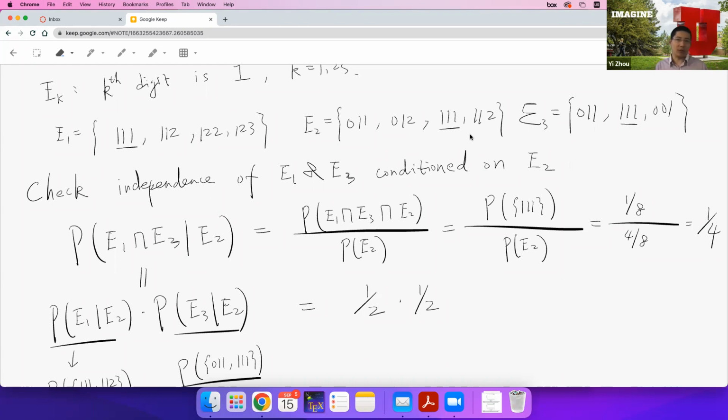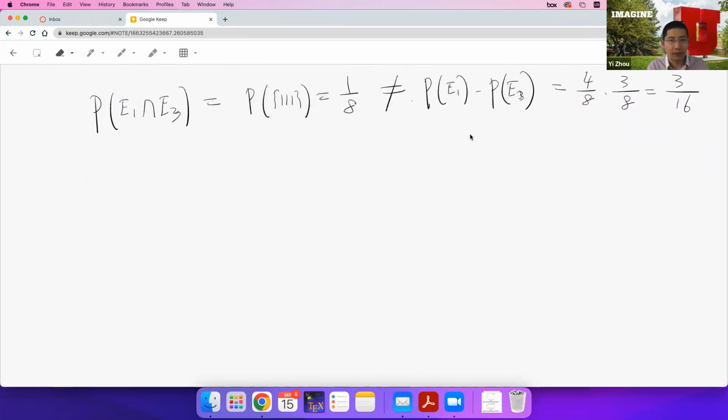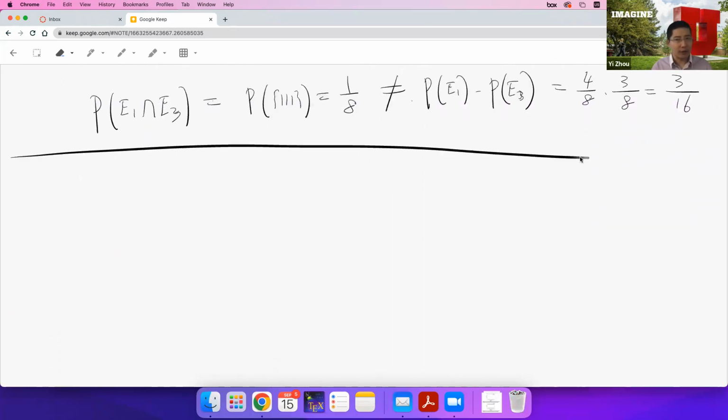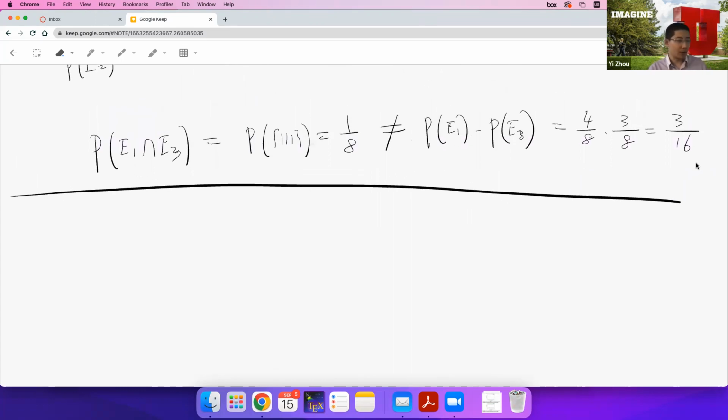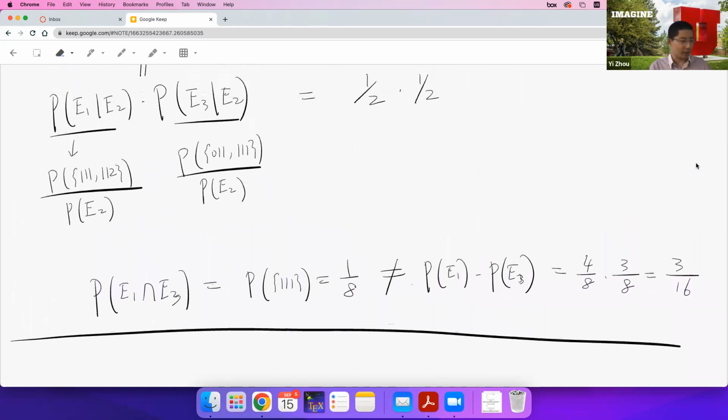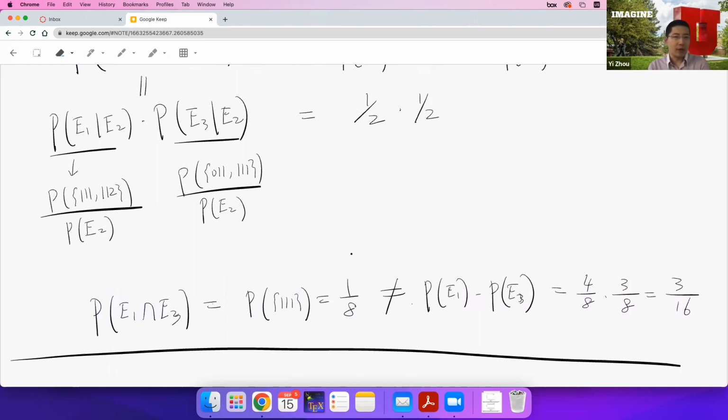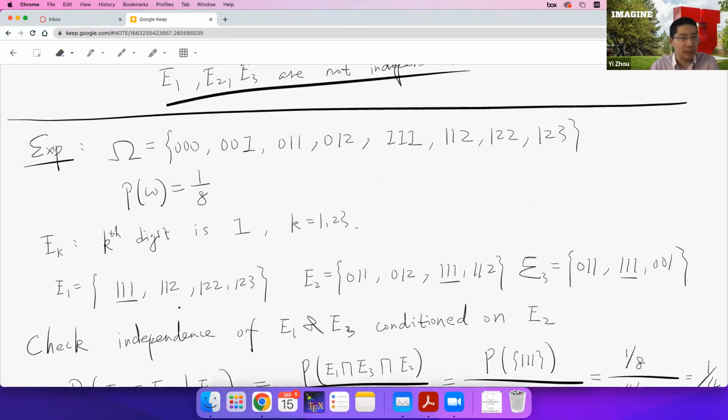So these events are not disjoint; they have something in common, but given one of them, the other two could be independent. So this shows that independence cannot be inherited that straightforwardly. Here, these two are not independent, but given the other one, they are independent.